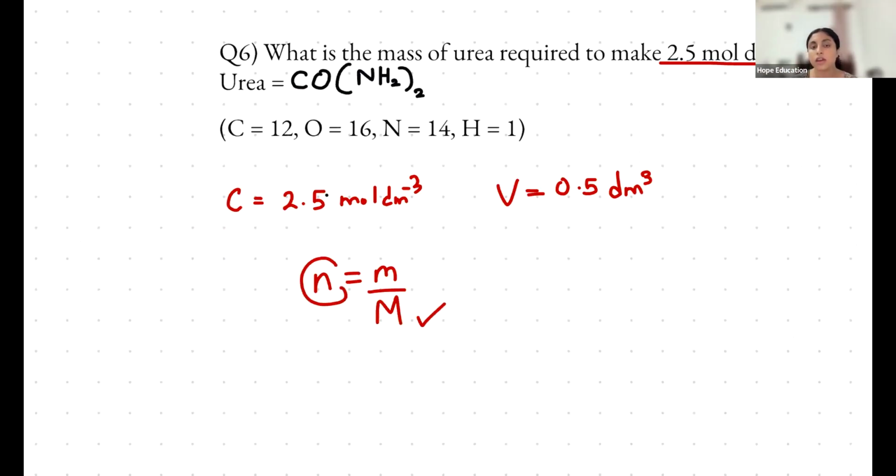Just with the molar mass, without knowing the number of moles, I can't calculate the mass. If there were two known, I could find one. But if I don't know both, I can't find the mass, right? That equation is kind of bad here. But C equals n over V, I can use. Volume is given, concentration is given, then I can find the number of moles. And that is what I'm going to use.